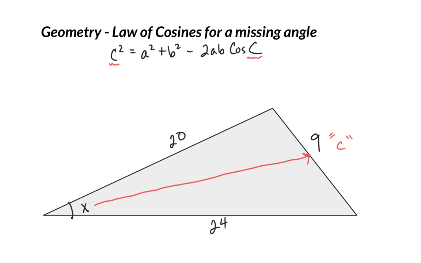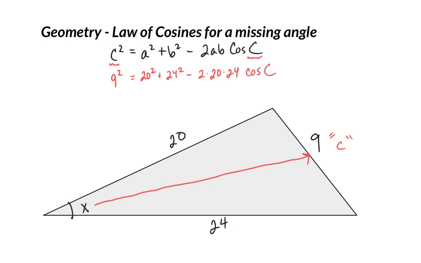So once you say, okay, this has to be 9, the other two sides, the order really doesn't matter. So we just say 20 squared plus 24 squared minus 2 times 20 times 24 times the cosine of C.